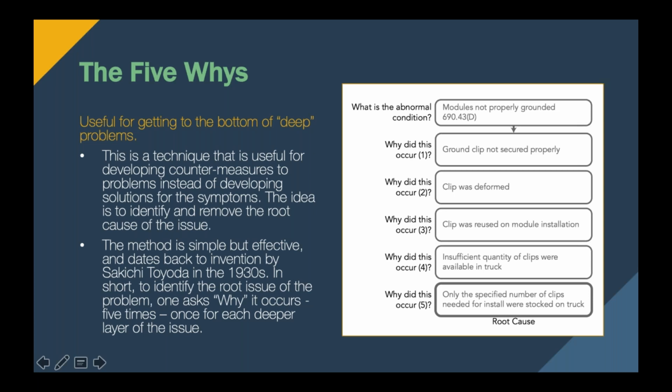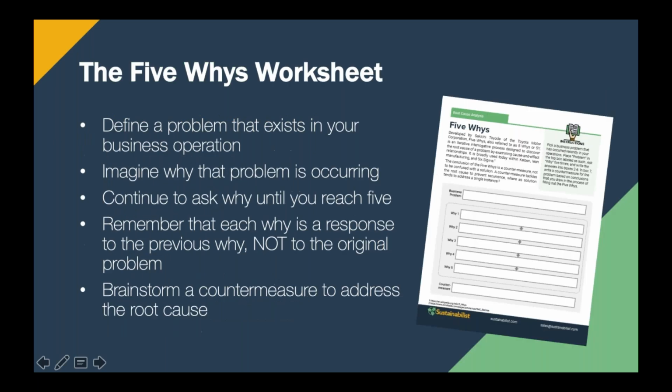This happened because there was an insufficient quantity of clips available on the truck. And this happened because only the specified number of clips needed for the install were stocked on the truck, so there were no spares. The countermeasure to this would be to bring spares and to train crews that these can only be used once.